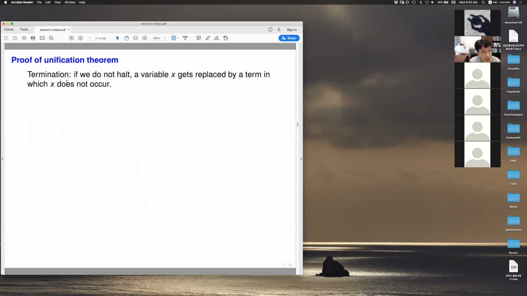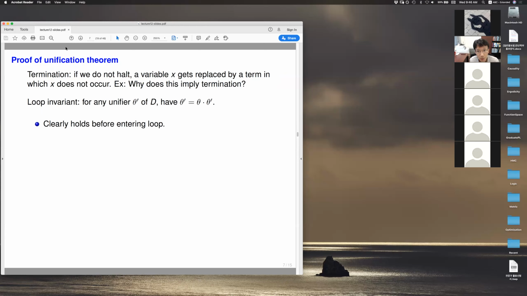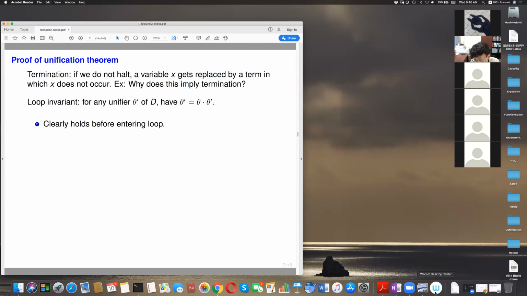So the proof, for termination, as I mentioned, the number of variables gets replaced by a term that doesn't contain x, so the number of variables is decreasing. And now for the loop invariant, this is the loop invariant that I just told you.